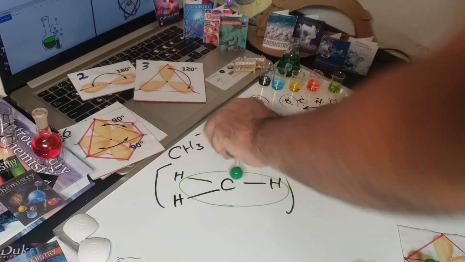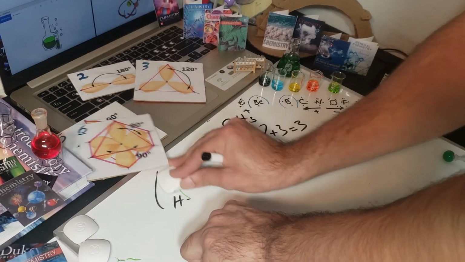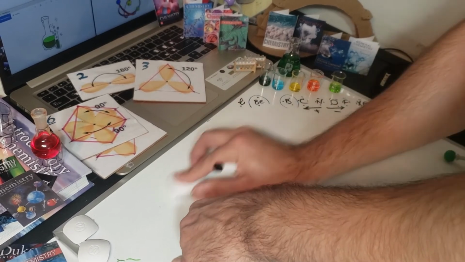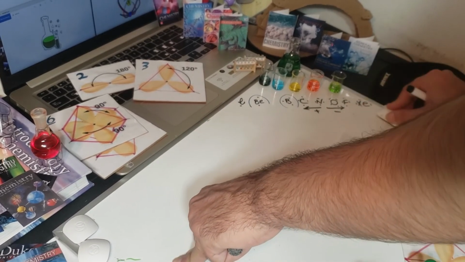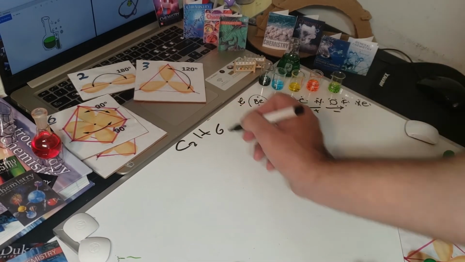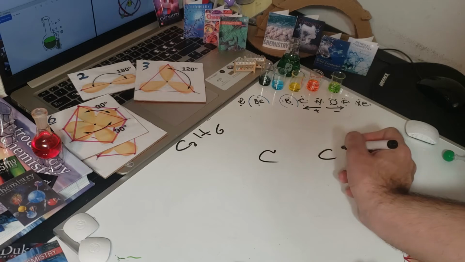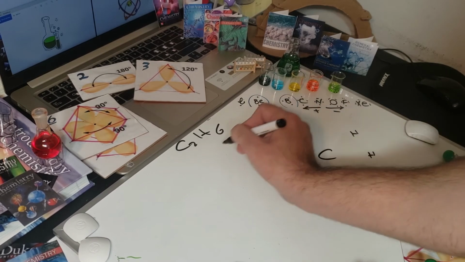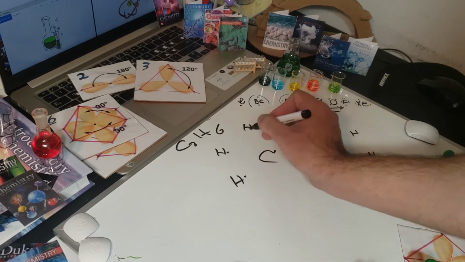I would also want to discuss organic molecules, very simple organic molecules. You could draw loose structures of simple organic molecules, and we will do so here. C2H6: carbon, carbon, hydrogen, hydrogen, hydrogen, hydrogen, hydrogen, hydrogen.